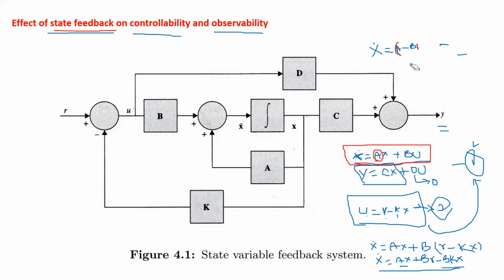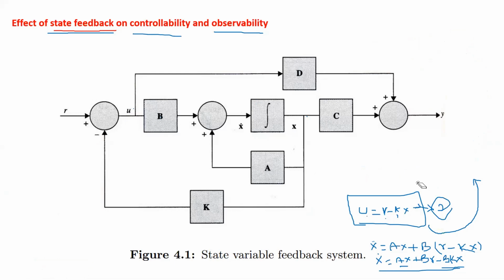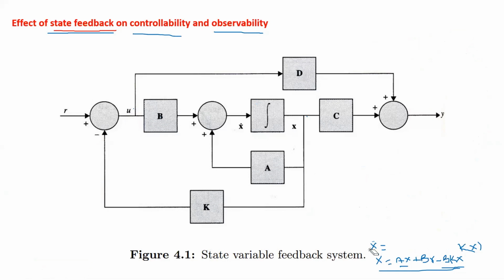Before adding feedback, the system may or may not be controllable, but when you add the state feedback, the system can change to controllable or observable. That is what I am going to explain in the next slide.